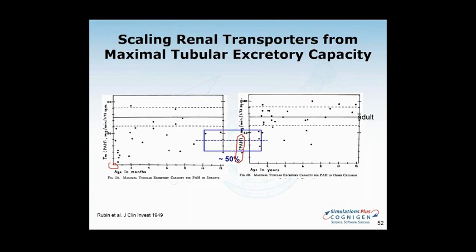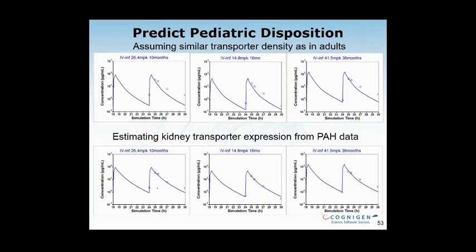So we looked at these, and for the ages that we needed to model, we had about 50% and about 66% for the 3 years old. So by scaling the transporter expression levels in the kidney by these fractions, we would really get nearly perfect predictions for all of these different ages.